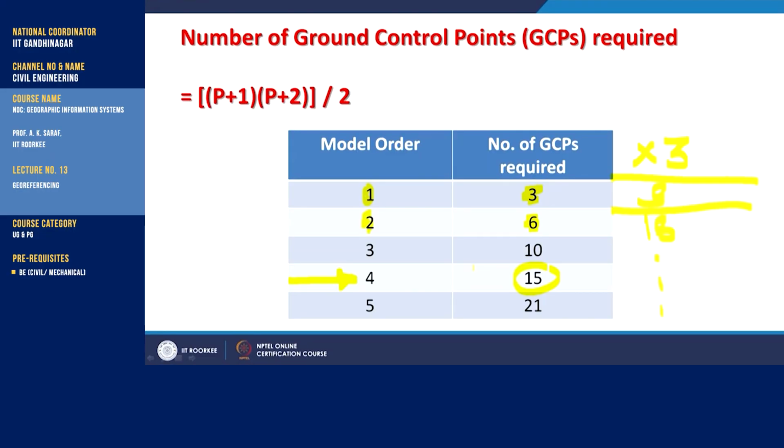So, one has to be very judicious about choosing a polynomial equation, and accordingly also choosing very reliable common ground control points.